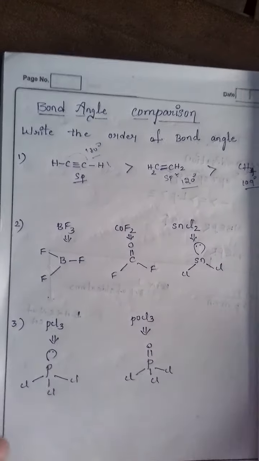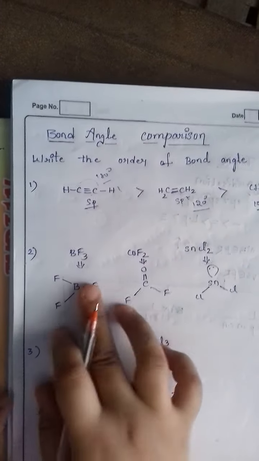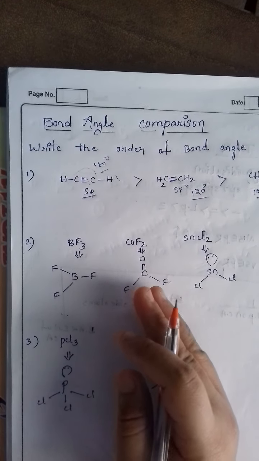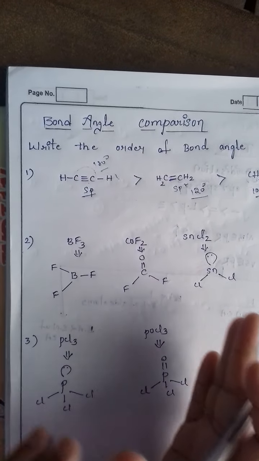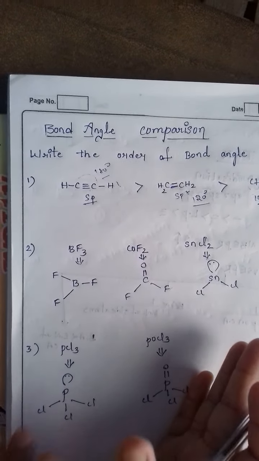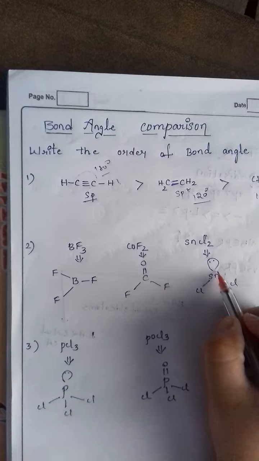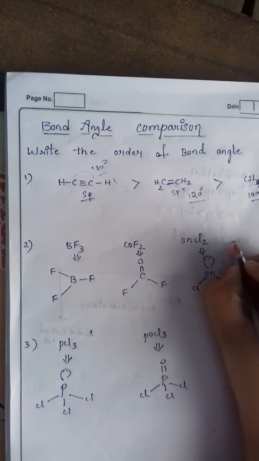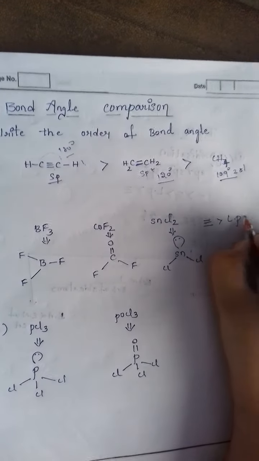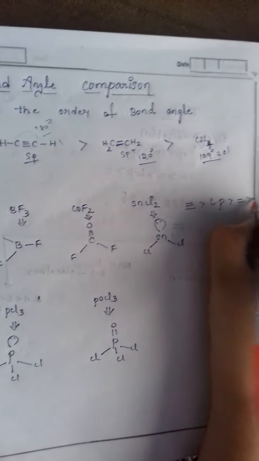As we apply this here, my request is always, while solving this type of question, draw the structures, because if you draw the structure it will help you easily solve the question. As you can see, here is a lone pair, and we have seen that trick: triple bond repulses more, then lone pair, then double bond, then single bond.